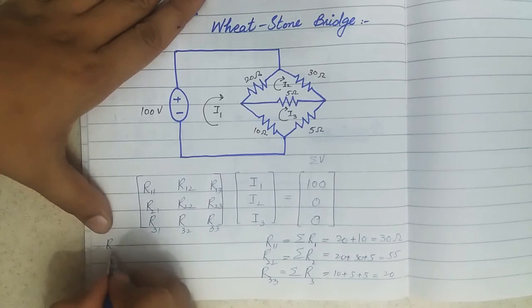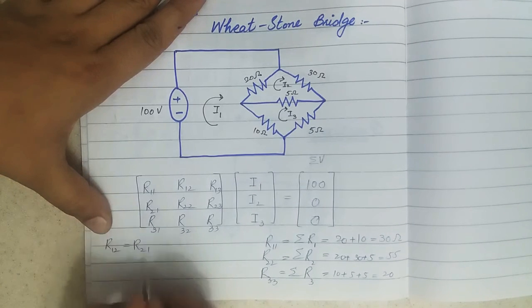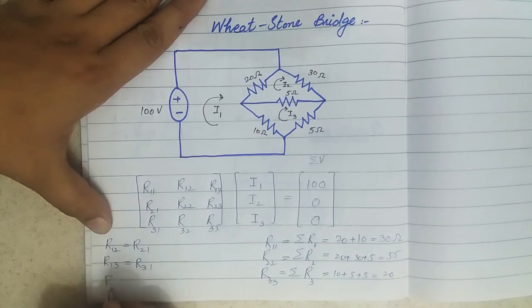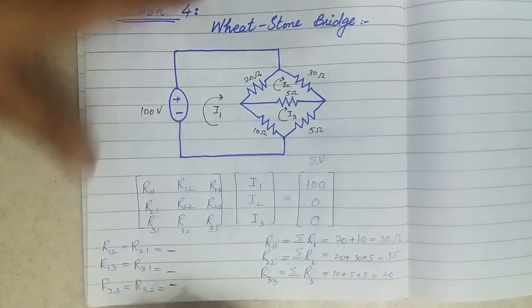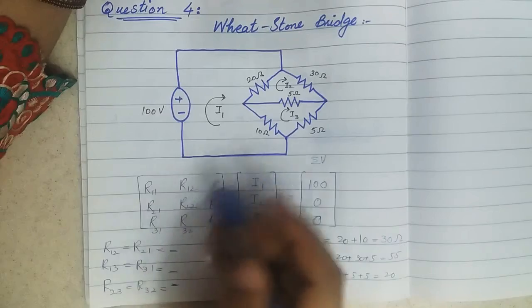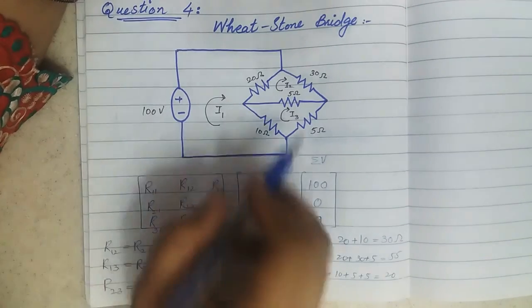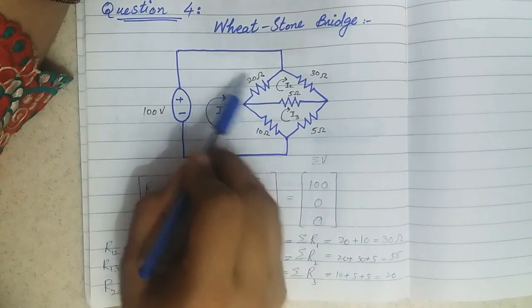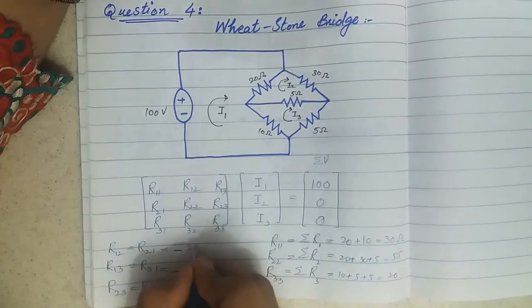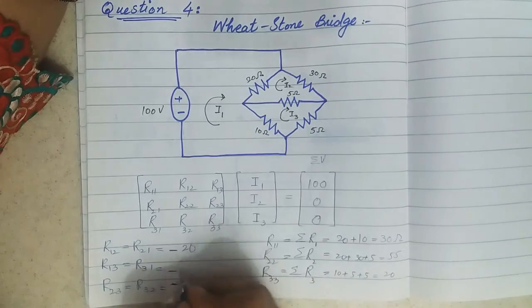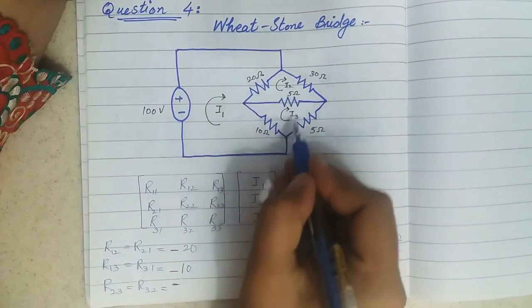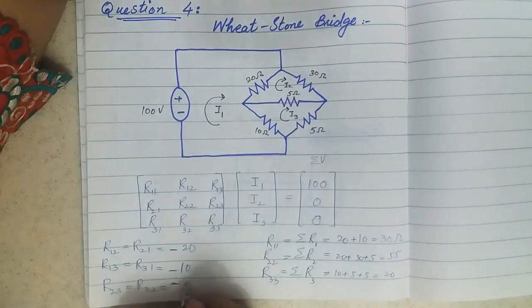Now, R12 will be equal to R21, R13 will be equal to R31 and R23 will be equal to R32, but with the negative sign. Which resistance is common between first and second loop? 20. Between first and third loop is 10. Between second and third loop is 5.